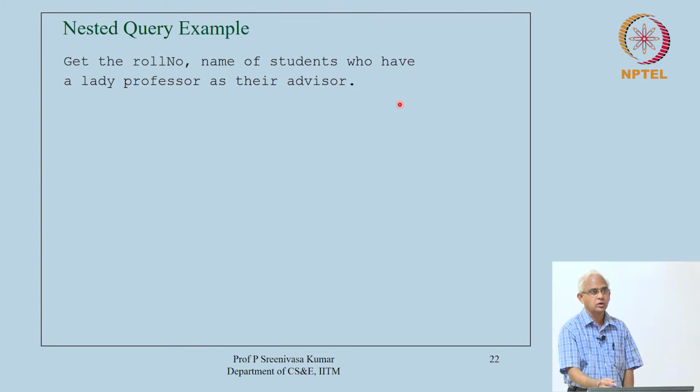We can imagine structuring the specification in such a way that there is a small independent query that will produce employee IDs of lady professors, and then we run the main query, which will only examine students and then check whether their advisors are in the result of the subquery.